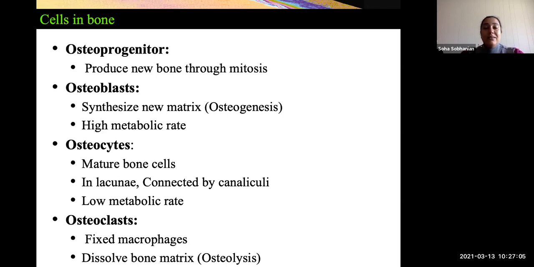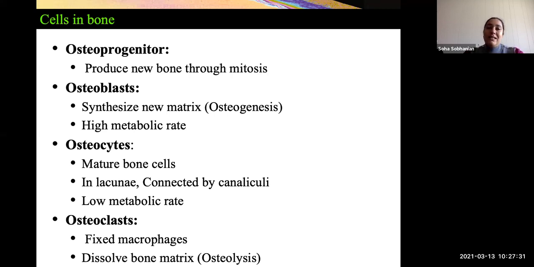These are typical exam questions: what is the job of each of these cells? If I give you a name, can you tell me the job? Or if I give you the job, can you name the cell? This is an important slide because it makes your bone function the way it does and makes it a reliable structure.